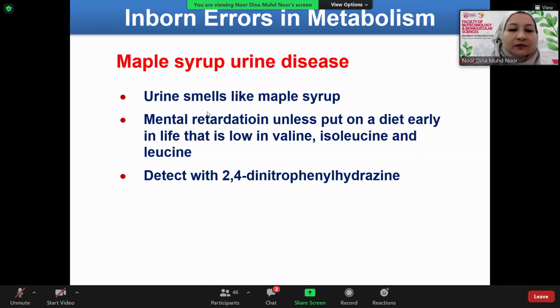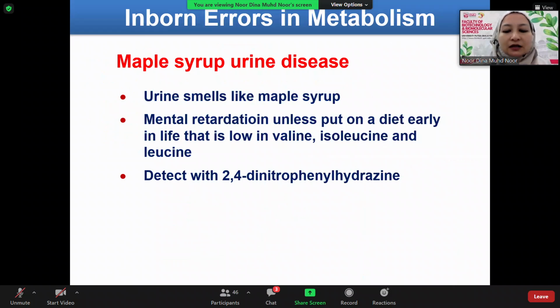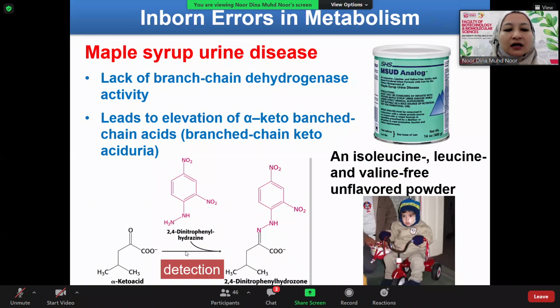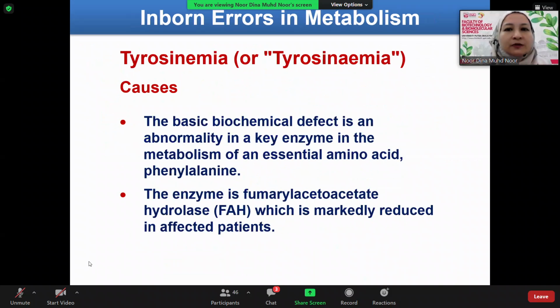The urine will smell like maple syrup, and the patient will have mental retardation, unless they take a valine-free powder, or take less isoleucine, leucine, and valine in the diet, because they have the inability to process these alpha keto acids.